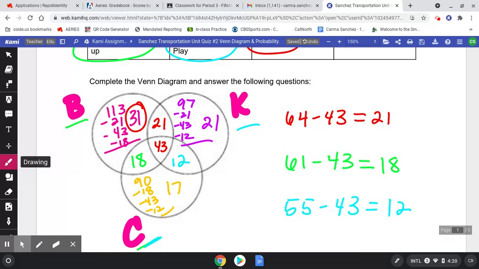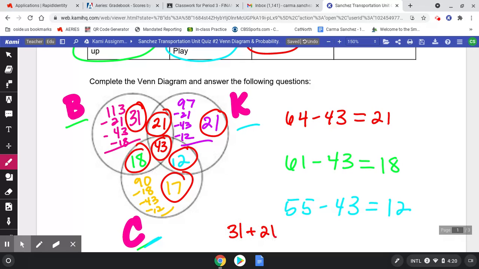It needs to be the 31, the 21, this 43, this 18, this 12, and this 17. So we're going to add these all up. And let's see what we get. 31 plus 21 plus 21 plus 43 plus 18 plus 12 plus 17.